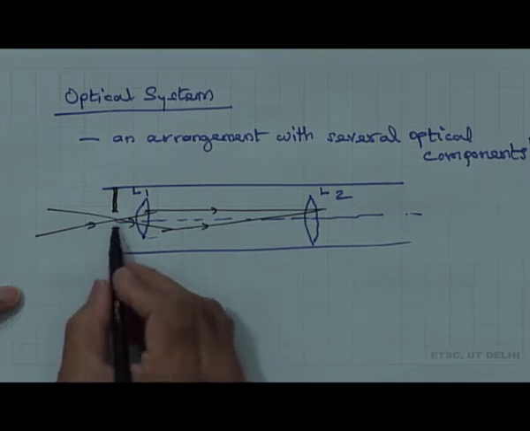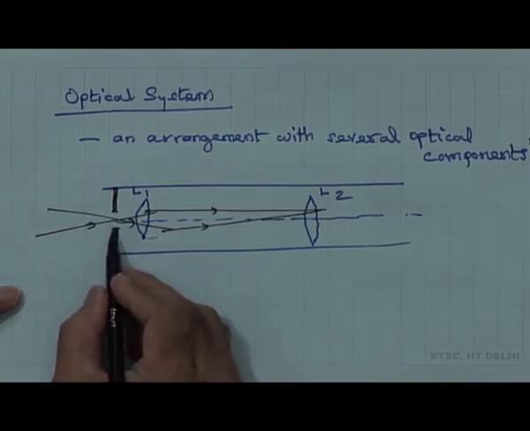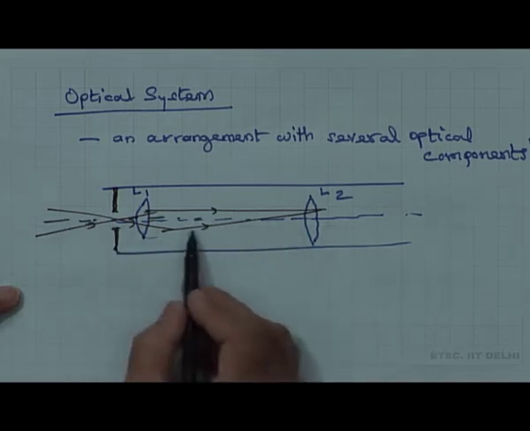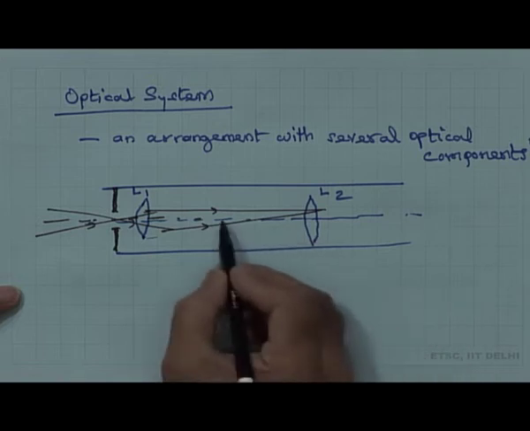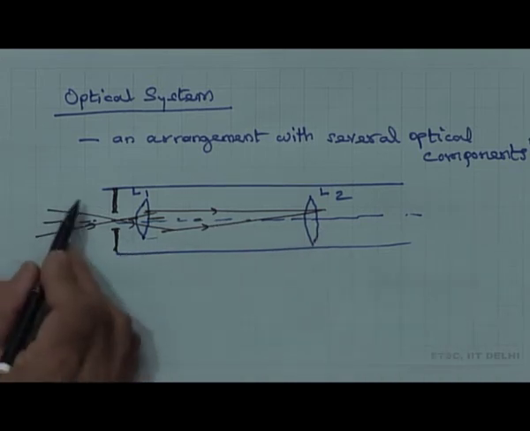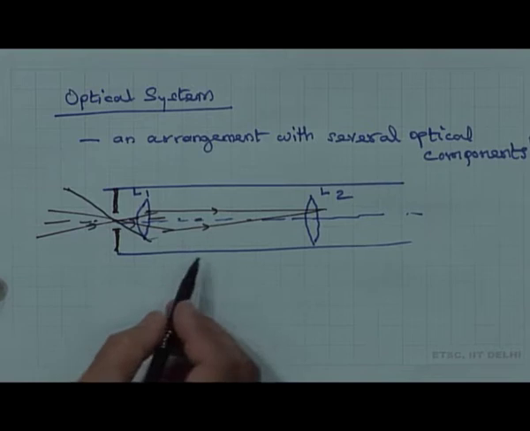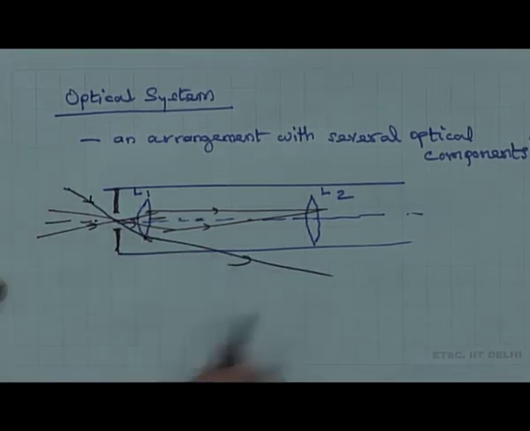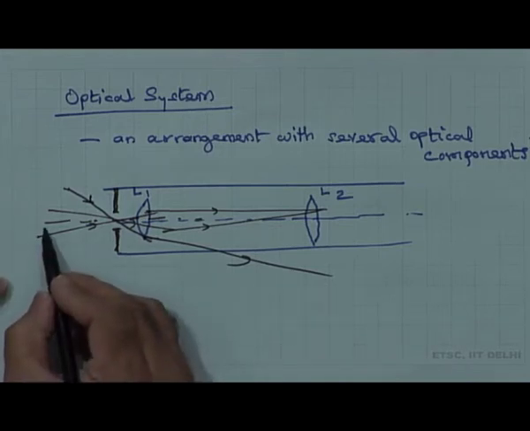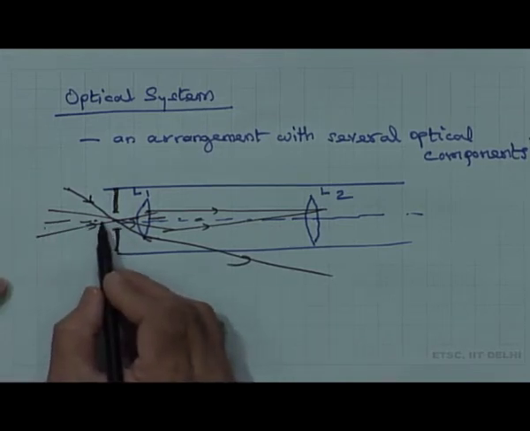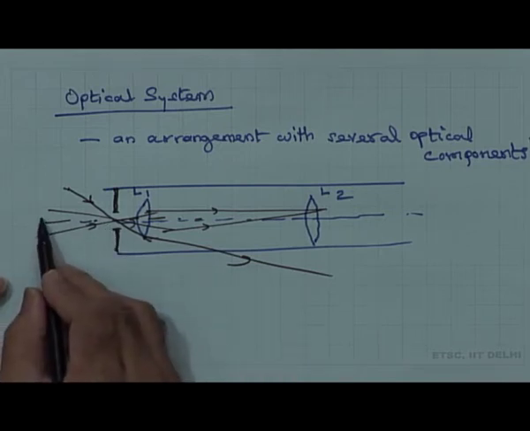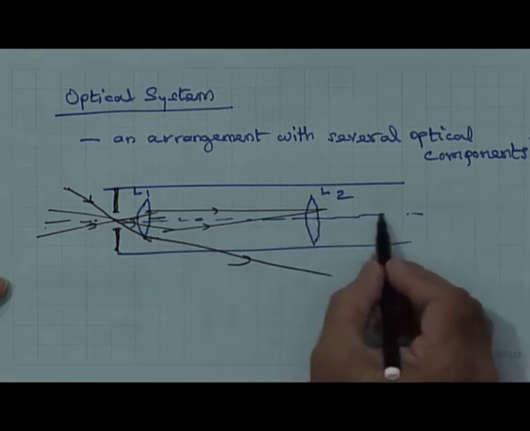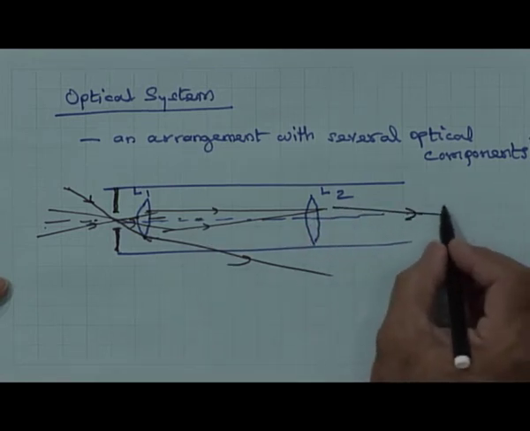But if the aperture is very small, then only rays which are close to the principal axis can enter and propagate further. A ray like this can also enter, but then it may go out of the system. A ray which enters at a deeper angle will go out of the system. Only rays which are close to the axis, which make small angles, will pass to the next component and finally give whatever result at the output here.